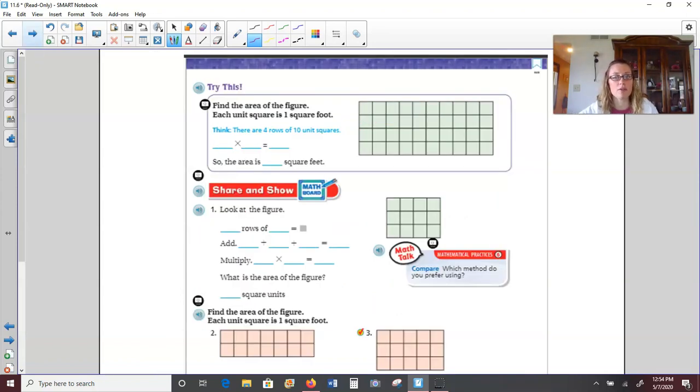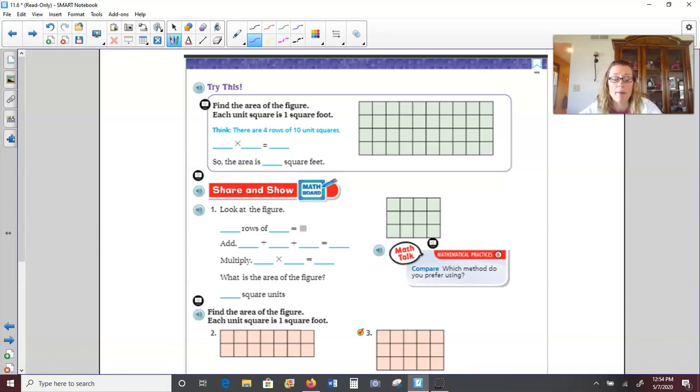All right, if we go over to the next page, try this. We see that we have another rectangle that we need to find the area of, and each unit square is representing 1 foot. I really don't want to count all of those squares.